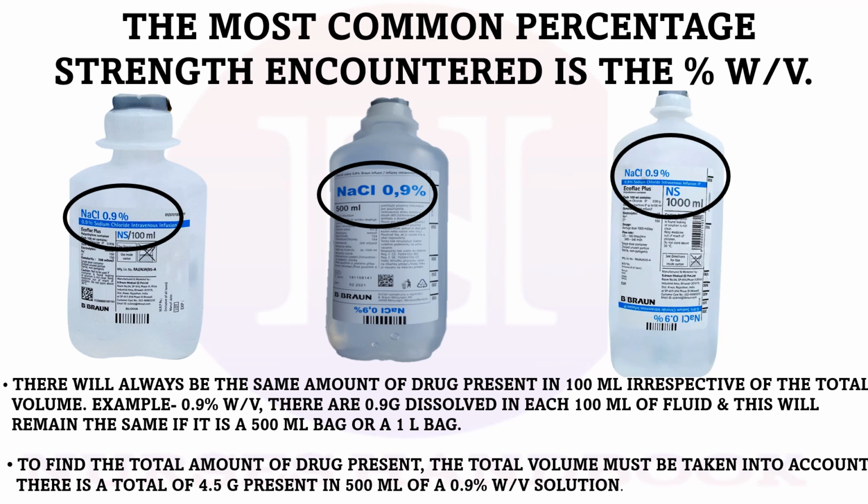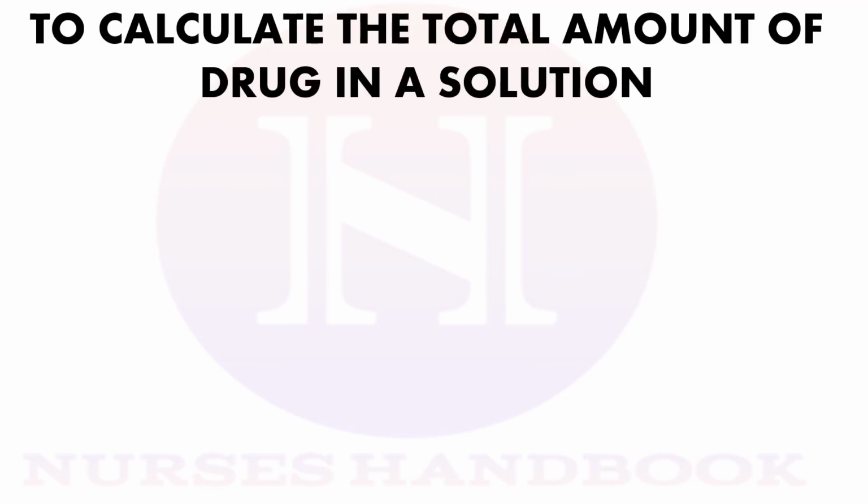In a 100 ml bottle, you will have 0.9 grams of sodium chloride, but when we calculate, we will find that in a bottle of 500 ml sodium chloride, we will have 4.5 grams of sodium chloride in the complete solution.